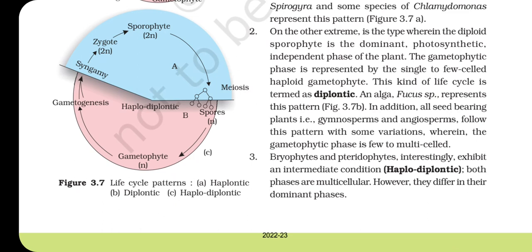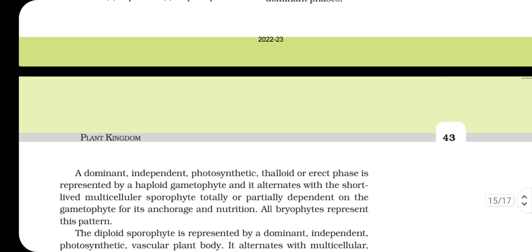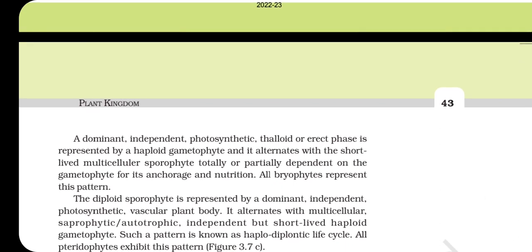This is called haplo-diplontic. A dominant independent photosynthetic thalloid or erect phase is represented by a haploid gametophyte, and it alternates with the short-lived multicellular sporophyte, totally or partially dependent on the gametophyte for its anchorage and nutrition.